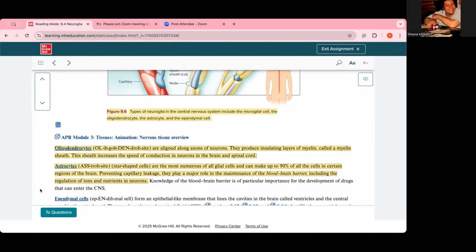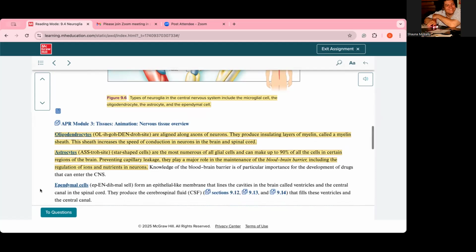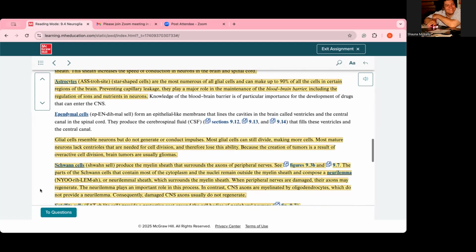And scroll down. And Schwann cells produce the myelin sheath in the PNS that surrounds the axons of peripheral nerves. Neurolemma.